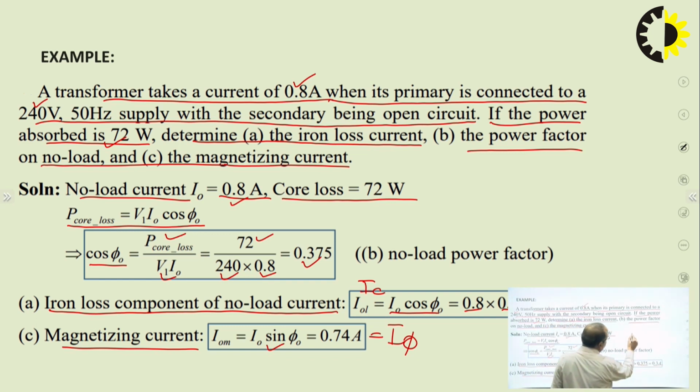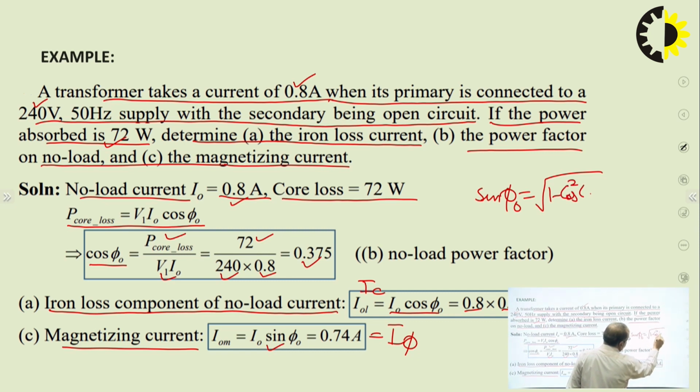So sin phi naught can be calculated from the relation sin phi naught equal to under root of 1 minus cos square phi naught. After finding this value of sin phi naught, if we put it here, we get I naught sin phi naught equal to 0.74 ampere, which becomes the magnetizing component of no load primary current in this case.